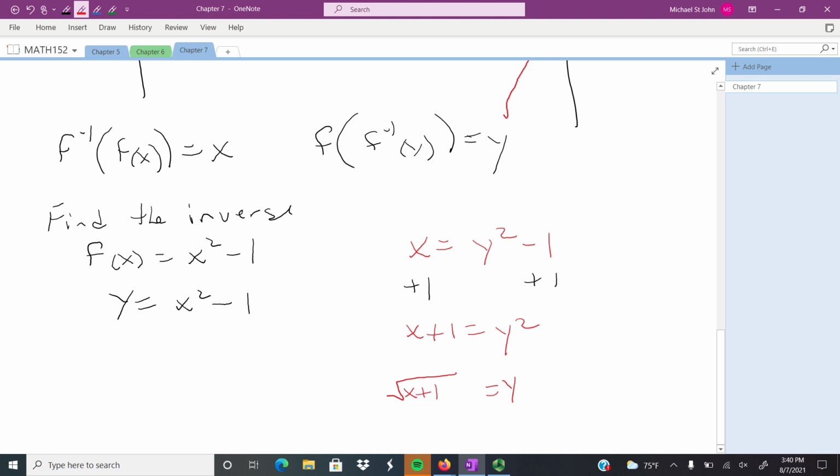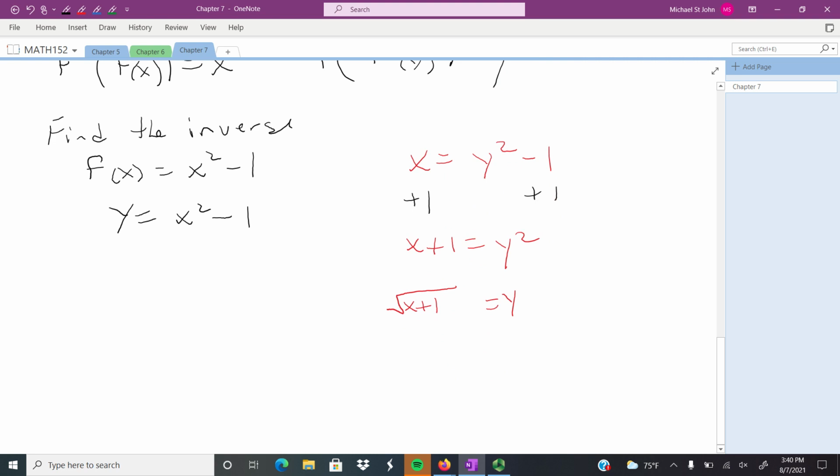Now, of course, x squared minus 1, if you remember, is my parabola, and it has that U shape. That would not pass my horizontal line test. But if we limit ourselves and say we're only going to look at it, it only has an inverse if we restrict the domain.